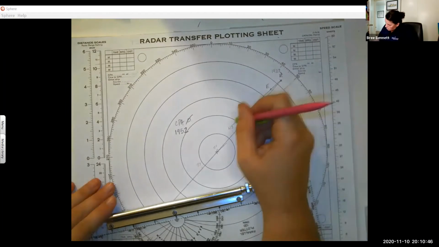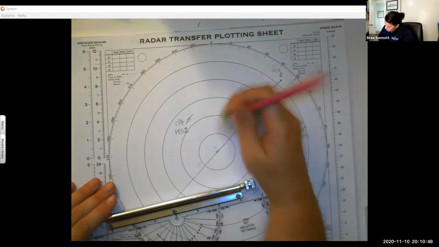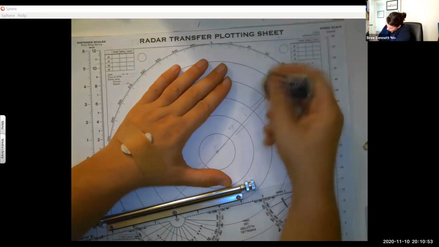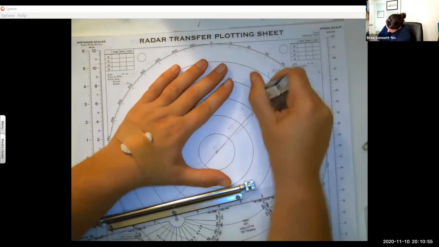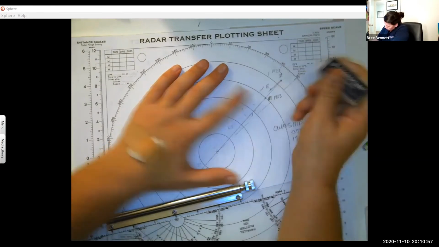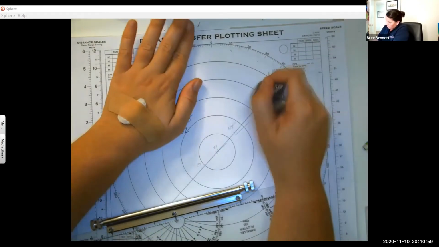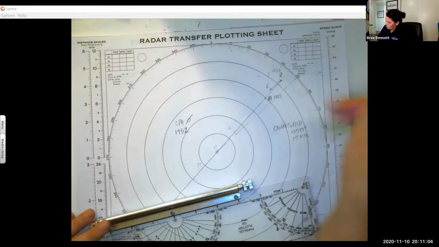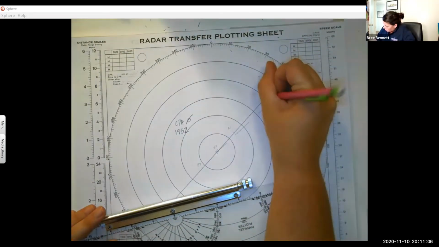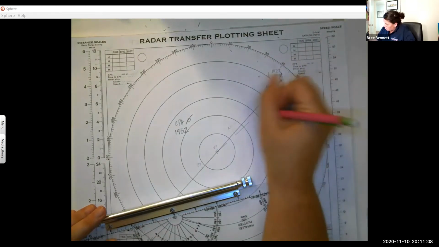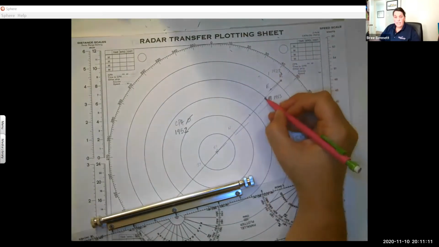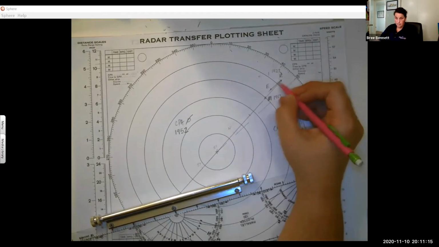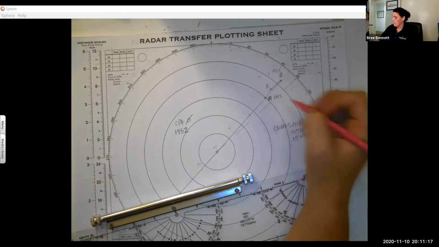So let's erase. Trying to clean it up for us. That was our M. So we have our M, our E, and our R. It's a very small triangle here.